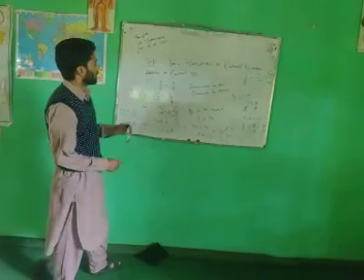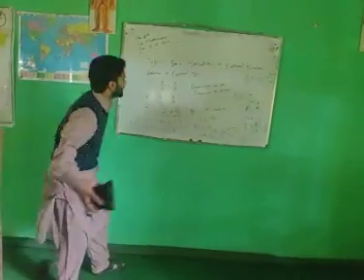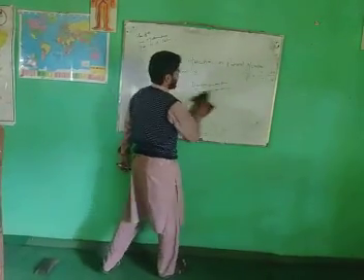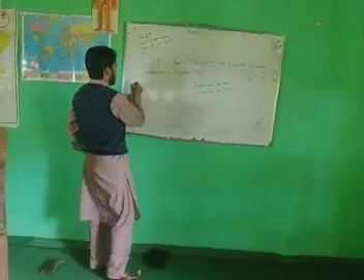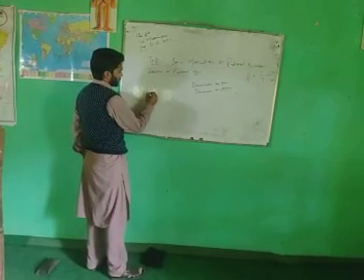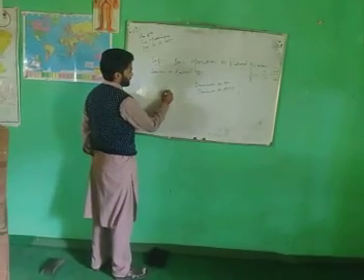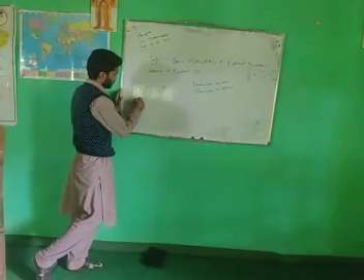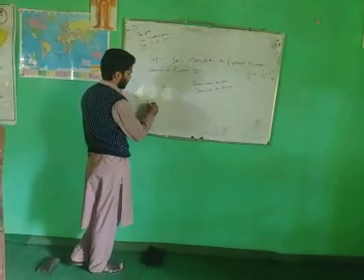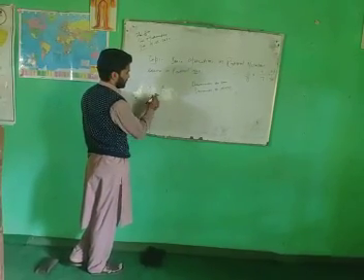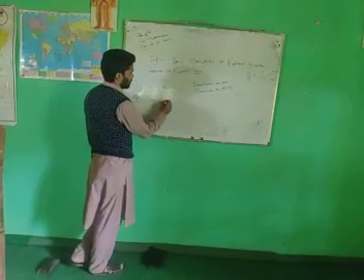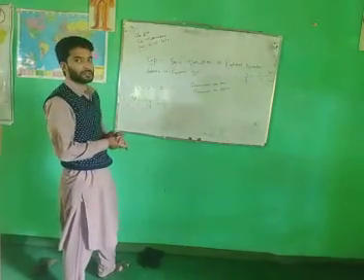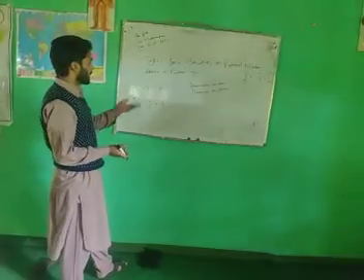Now I will take one number where sign is negative, in which students mostly face difficulty. For example, we have minus 4 by 3 plus 5 by 7. Here sign is negative. So what will we do? We write minus 4 by 3 plus 5 by 7. Plus is the sign of addition. Here denominators are different, so we can use both methods, by cross multiplication method or by LCM method.